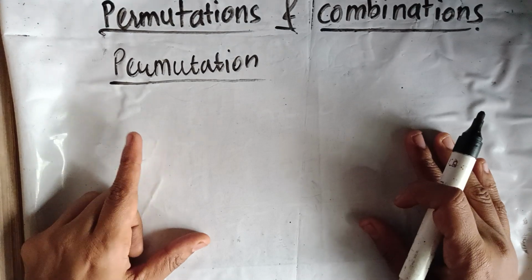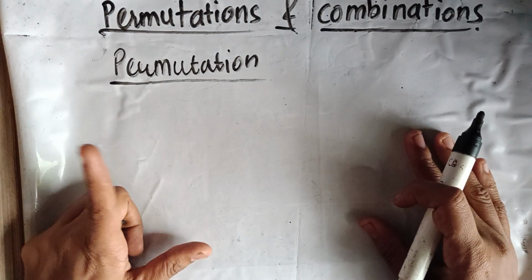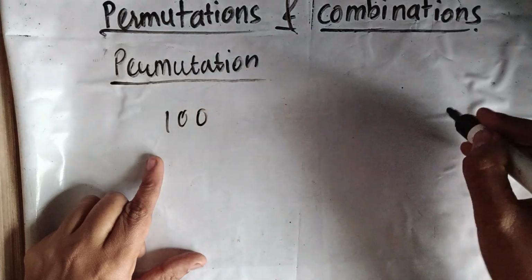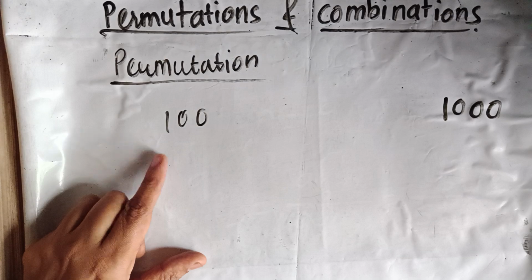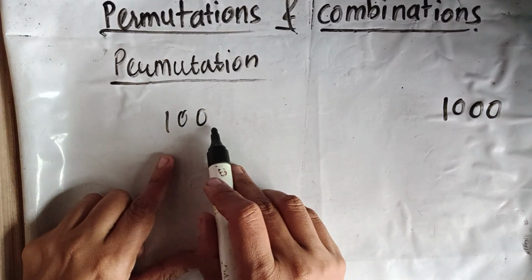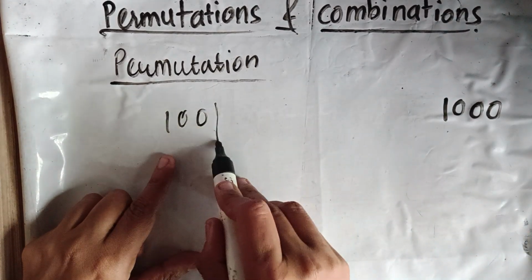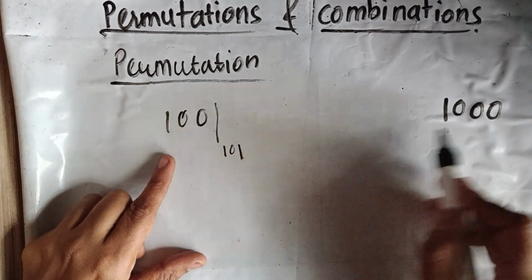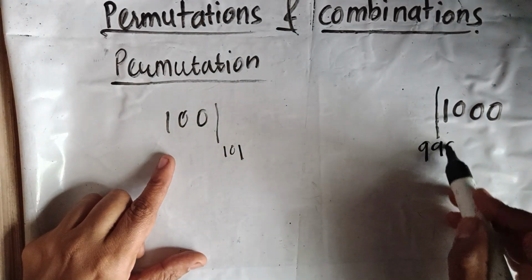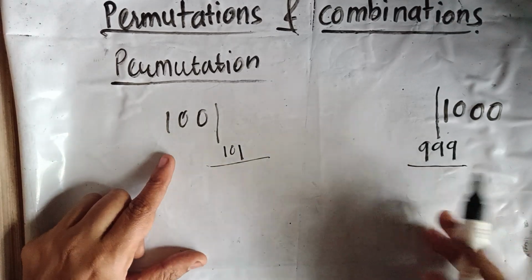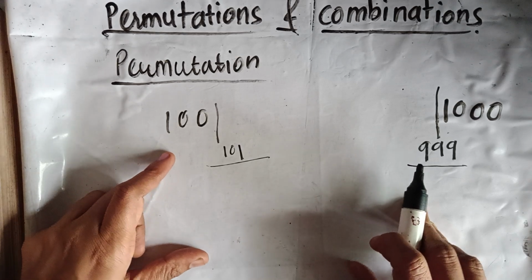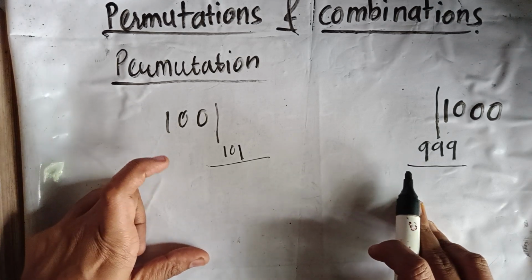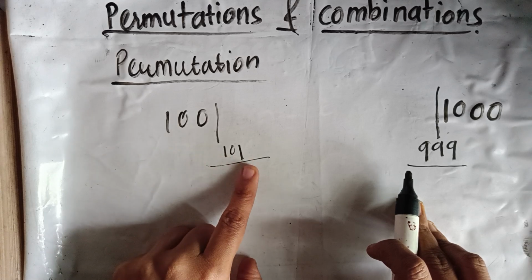So between 100 and 1000, starting from 101 and ending at 999, these are 3-digit numbers, and the repetition of digits is not allowed. So 101 or 11 is not allowed.